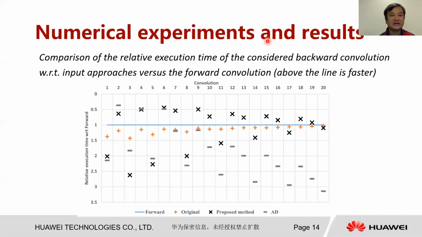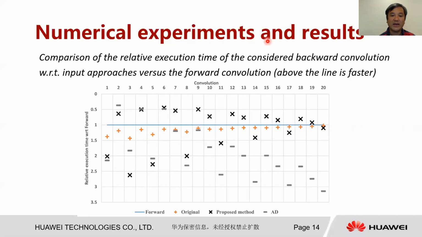So we can see that among 20 cases, we have 12 cases where our proposed method has better performance than the original one, and the kernel automatically generated with AutoDiff is relatively not good.